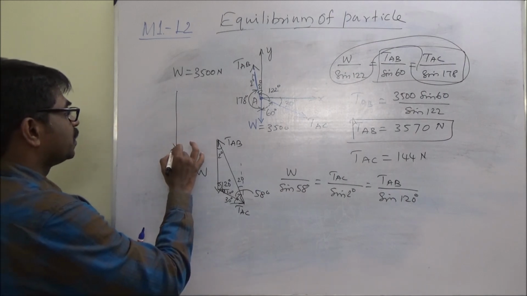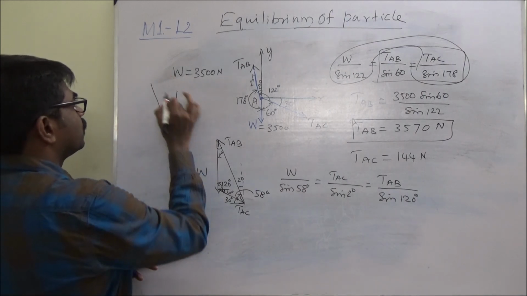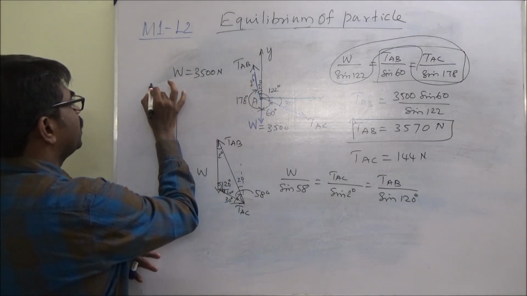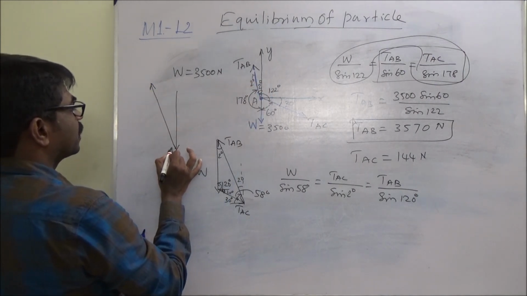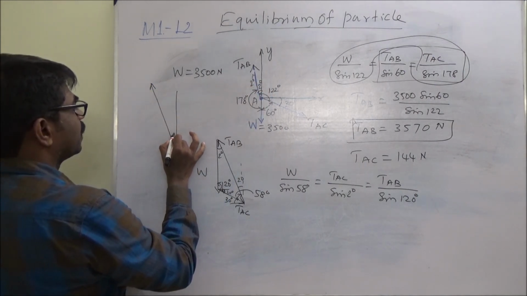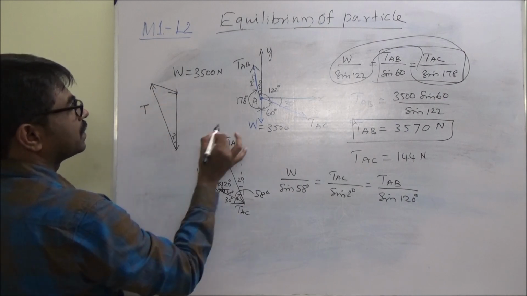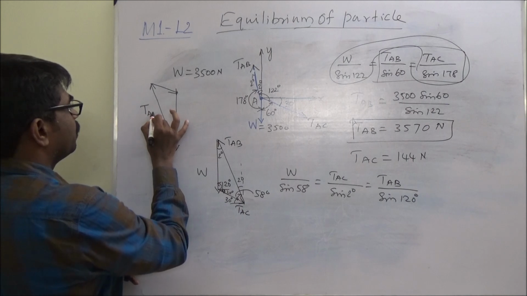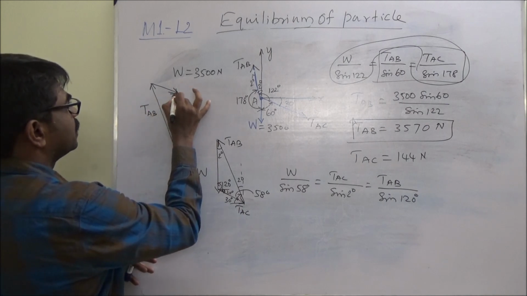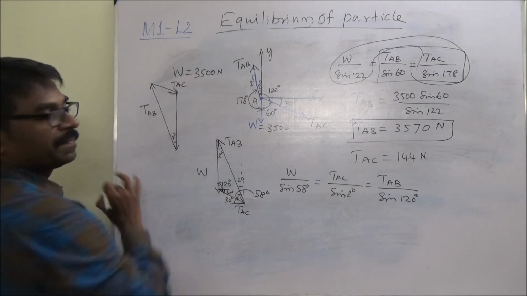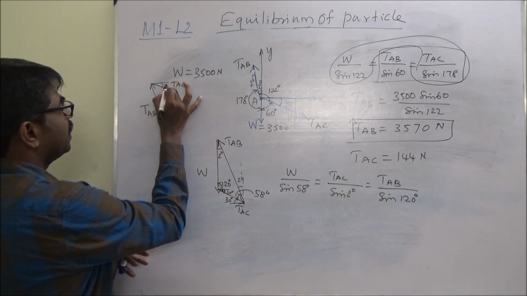Just using the vector addition, I can put like this. I can put this 2 degree, and then I can put, this is TAB and this is TAC. This is 30 degree.